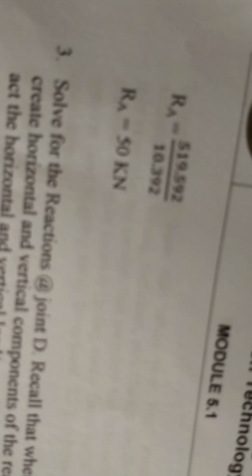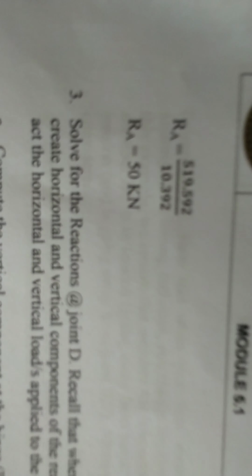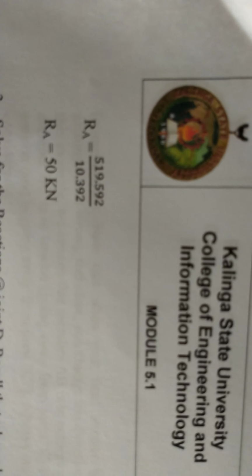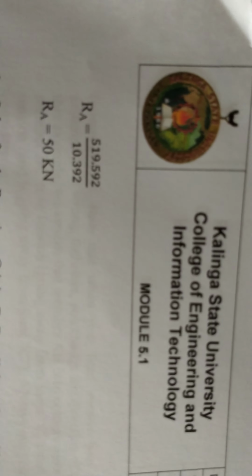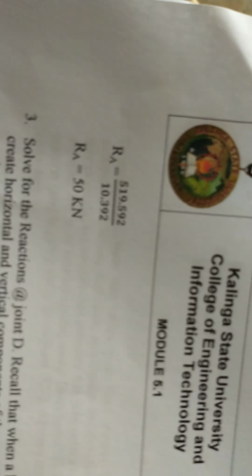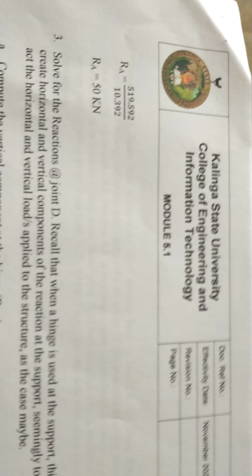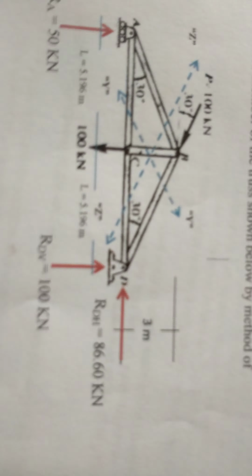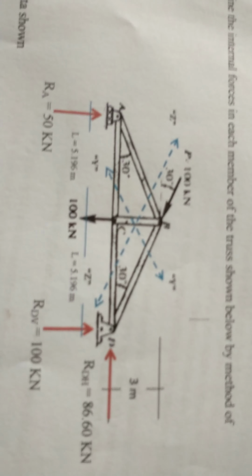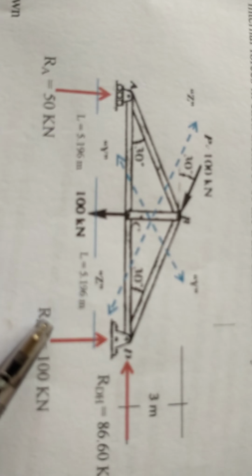the reaction at A will be 50.0, or 50 kilonewtons. Okay, and the next step will be to solve for the reaction at D. Since this is a hinge, it will create a horizontal and a vertical component.